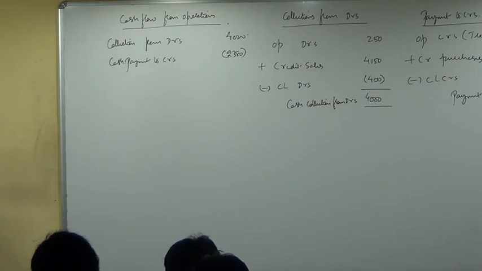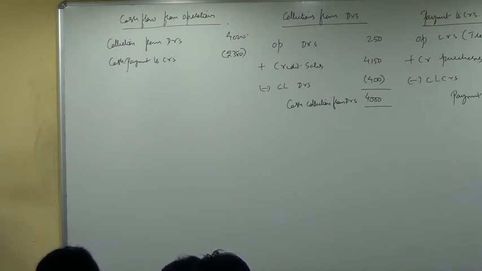Now I have to arrive at payment, so I will go in the reverse direction. Expense plus outstanding at beginning minus outstanding at the end, I will get the payment amount. Amount paid plus outstanding at end minus outstanding at beginning, you will get the expense to be recognized in P&L account. When I know the expense to be recognized in P&L account, I want to arrive at payment. How will I arrive? Go in reverse direction.